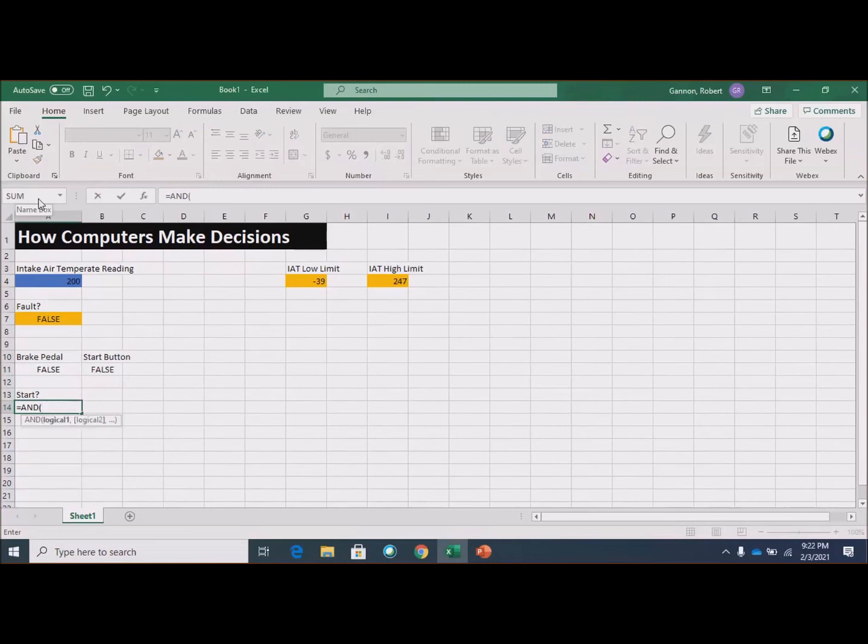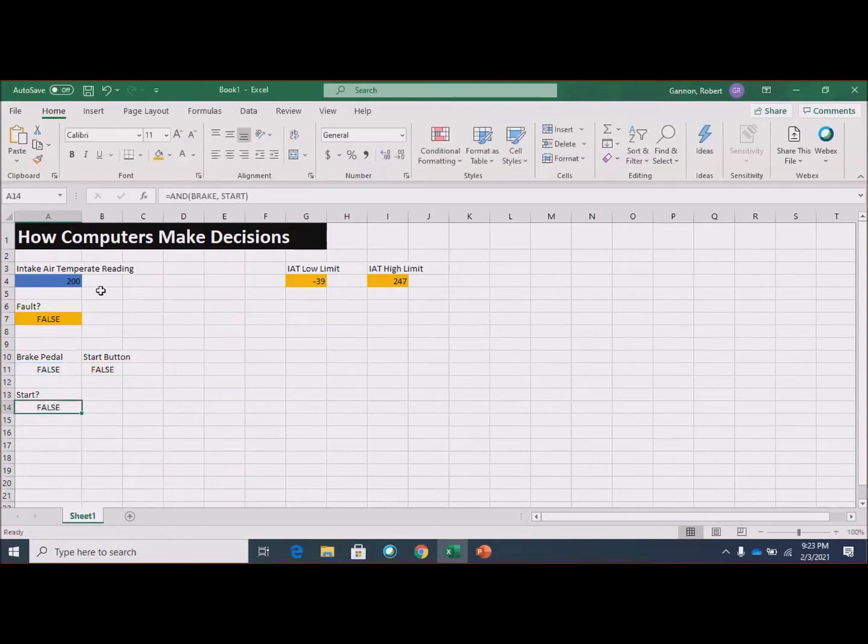We're going to use AND. Call that brake. Call that start.